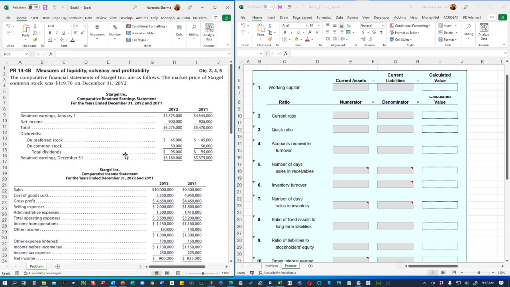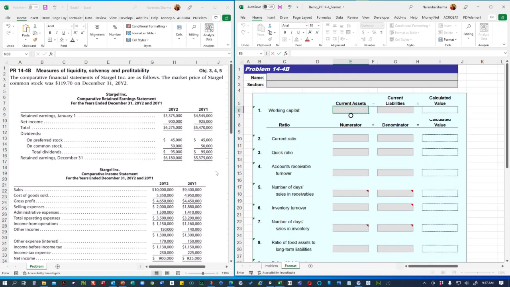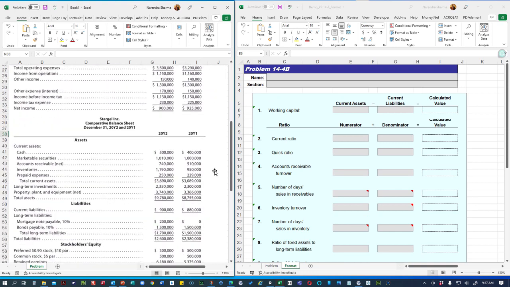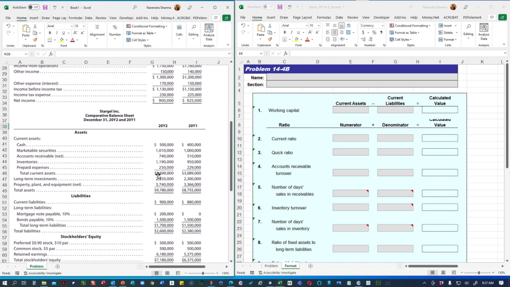So first on the ratio is working capital, and as you know, working capital is the difference between current assets and current liabilities. Now what we are going to do is look for the current assets and the current liabilities. So let's go to the problem. Here it gives you that information.